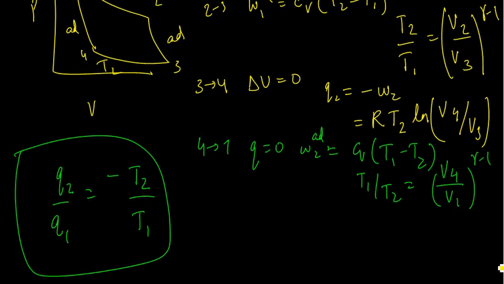Okay, so do this exercise quickly. Let's write the total work in the numerator, total heat in the denominator, and we get this relationship. I have not yet come to entropy.